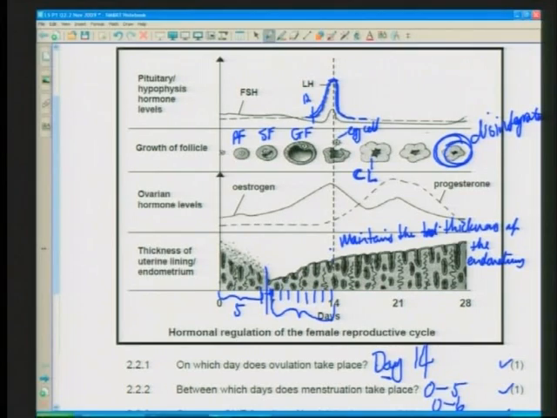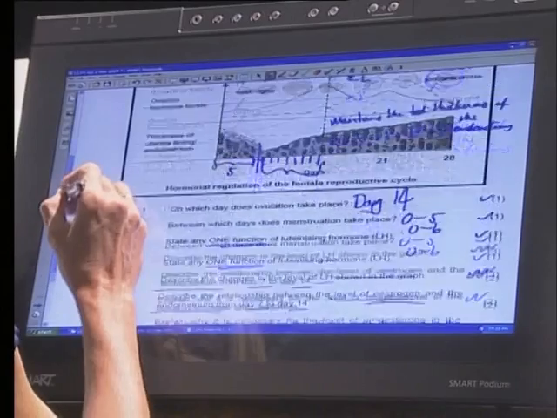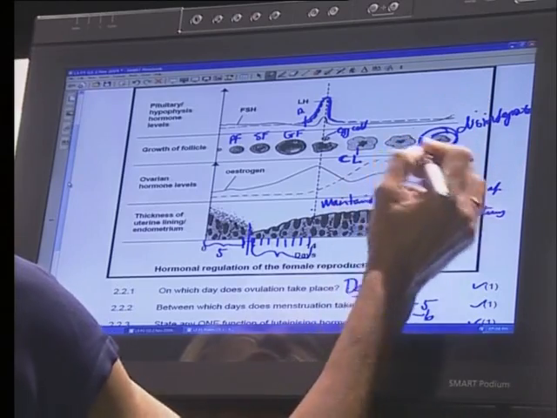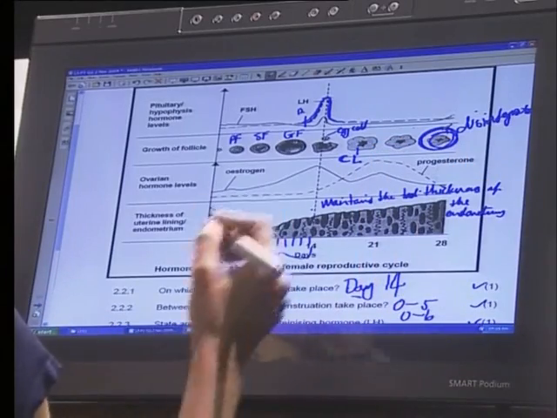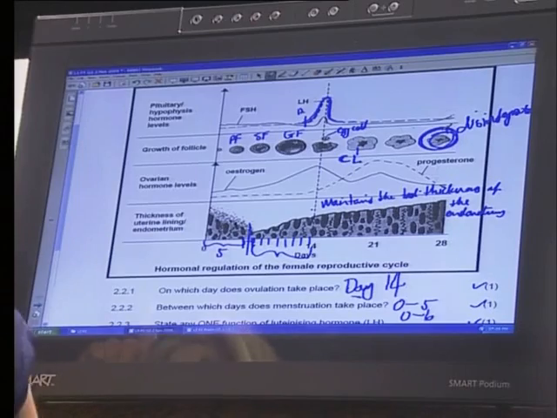You with me? Happy? Yes, I'm here. Okay. Explain your answer. Well, I've just done that. If you look here, your progesterone levels decrease, which means your FSH is no longer inhibited. And why does your progesterone level decrease? Because the corpus luteum disintegrates. It's the corpus luteum that releases the progesterone. Okay, happy? Oh, very happy. Perfect. Thank you so much.